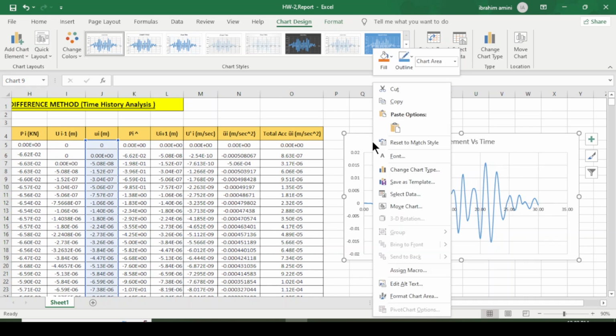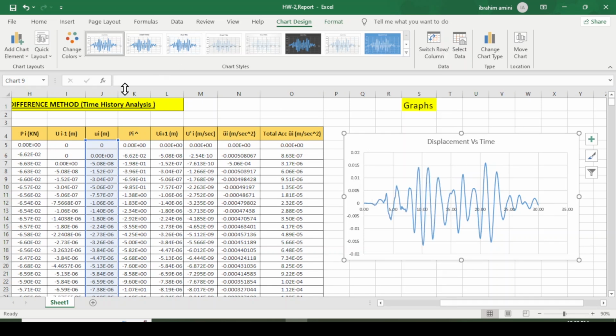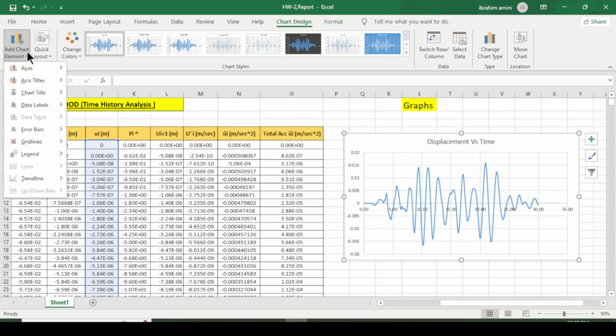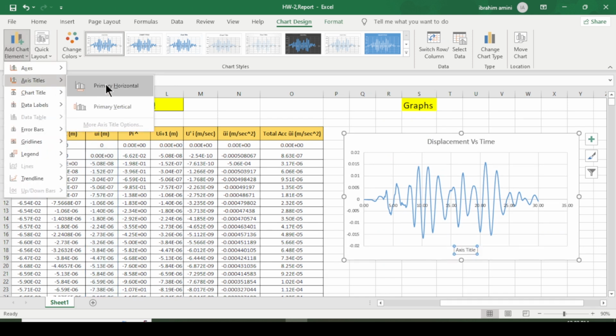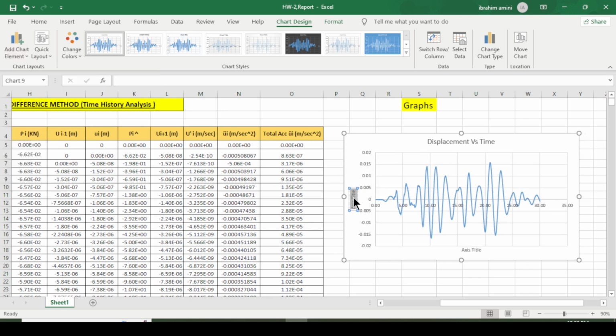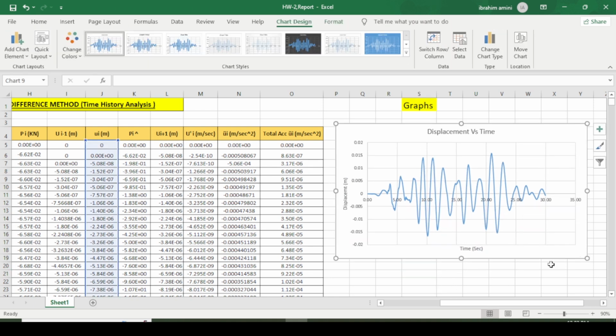So I will just add some other information as well, like the elements about the primary horizontal and the other directions: the time, the displacement in meters, and the time. Okay, this is our graph, displacement versus time.